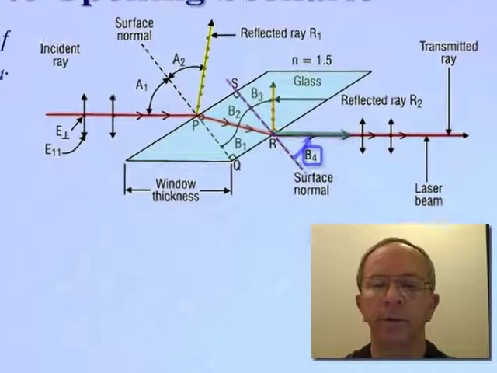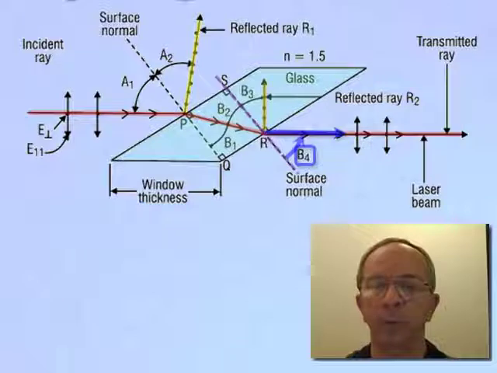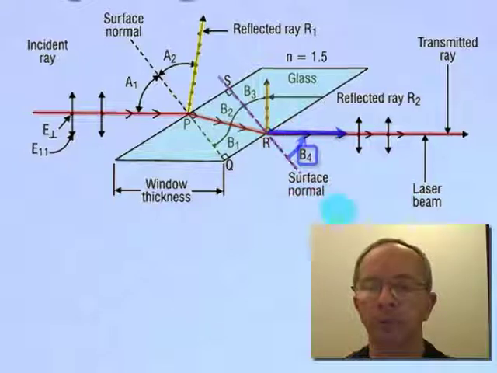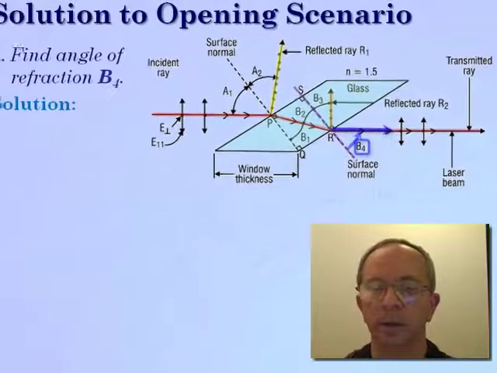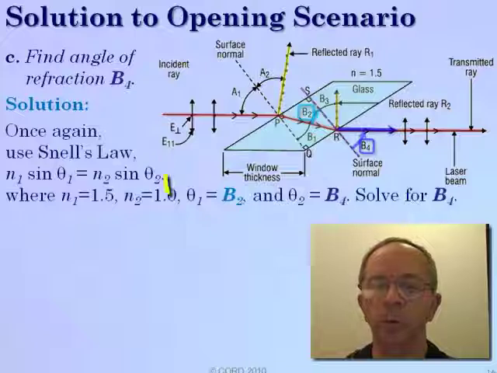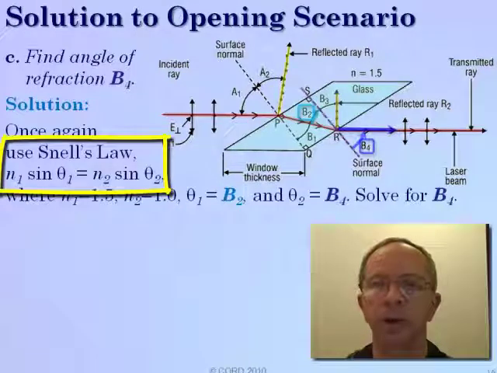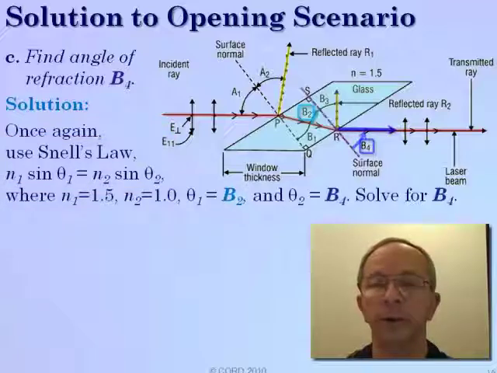Find the angle, finally, of refraction for B4, the outside. When the ray leaves the glass, what angle does it make with the normal? To do that, we'll once again use Snell's law that defines what happens at the interface between two different media with two different indices of refraction.